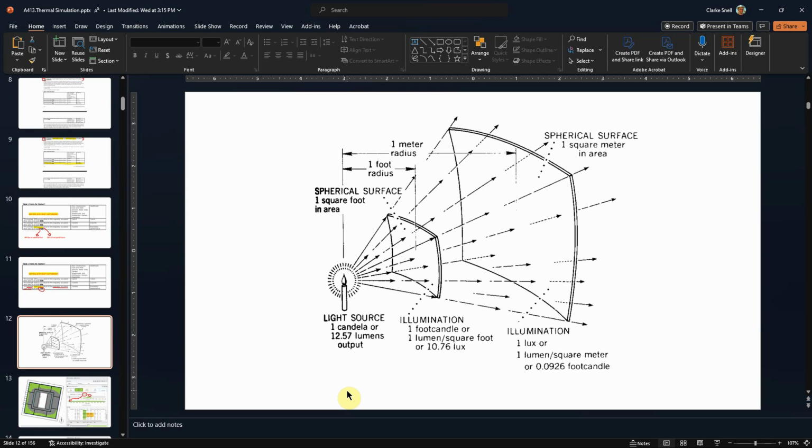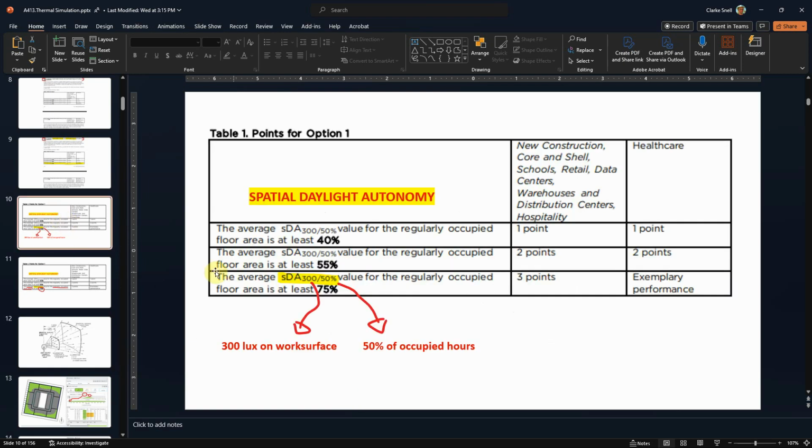So we're talking about the amount of light coming off of a light source and hitting our work surface. Let's go back and look at the actual criteria. We need 300 lux for 50% of the occupied hours, for the average of all the occupied spaces, for 75% of the regularly occupied floor area.